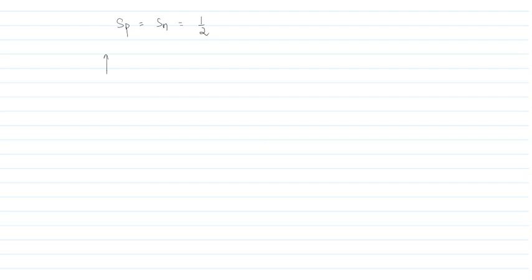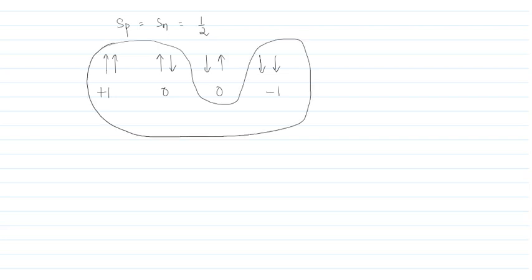And if I look at the resultant spins, it can be like this. So three possibilities. All these are the projection values that I have written, the SZ values.